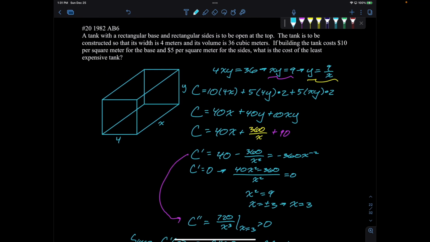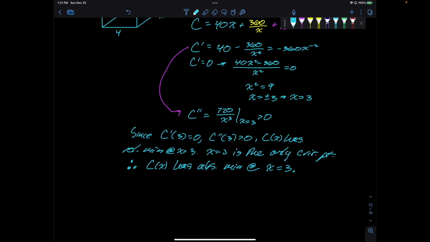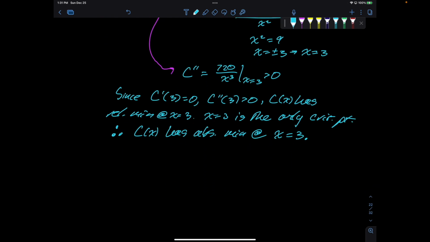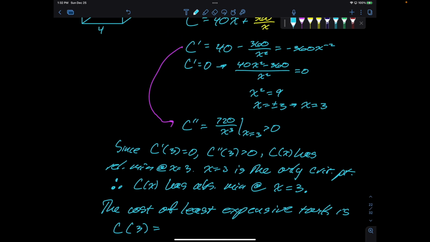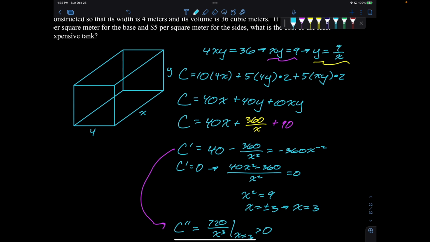What is the cost of the least expensive tank? So now we've got to find the cost of the least expensive tank, which is C of 3. We go up here and we plug in 3.